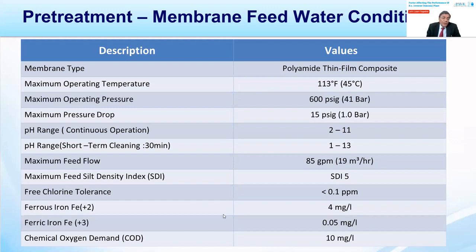And the COD limit set for RO membranes is 10 milligrams. It is important here that when we go for recycling of wastewater treatment plants, this limit cannot easily be achieved. That COD should be less than 10 milligrams. For that matter, the experience of the company or the recycling system supplier matters a lot.